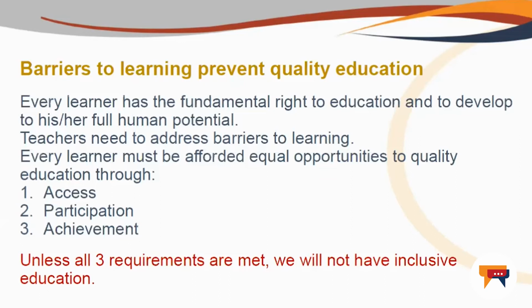The next requirement is participation. So we look at our group and we ask ourselves as teachers, how do I know, is every learner participating actively? Is every learner participating meaningfully?